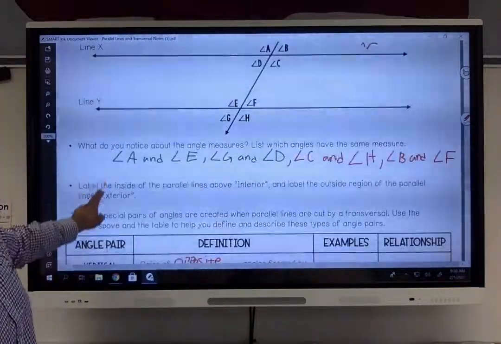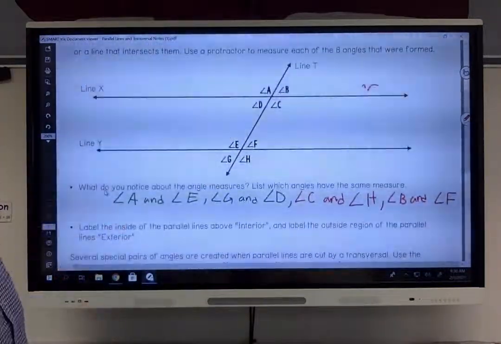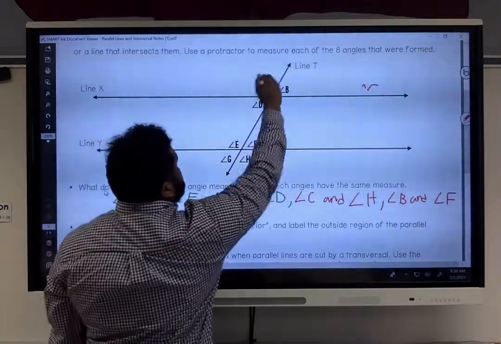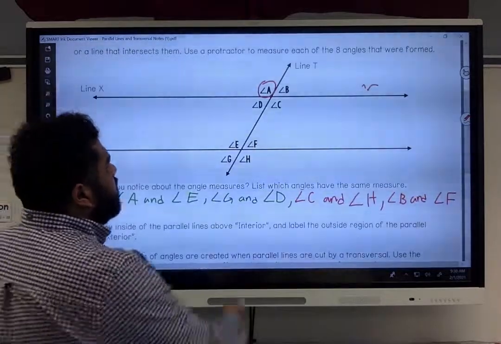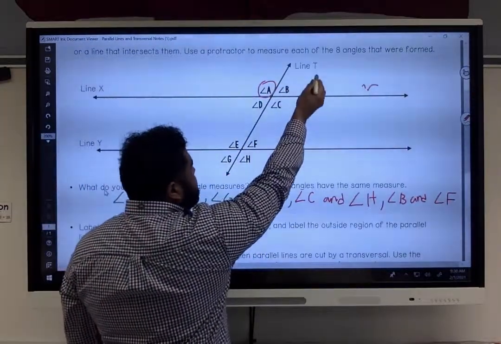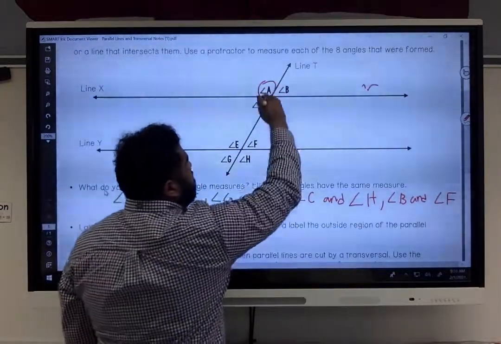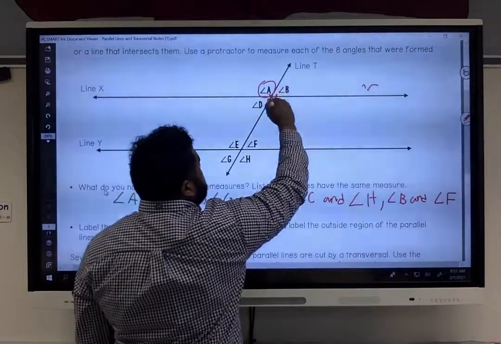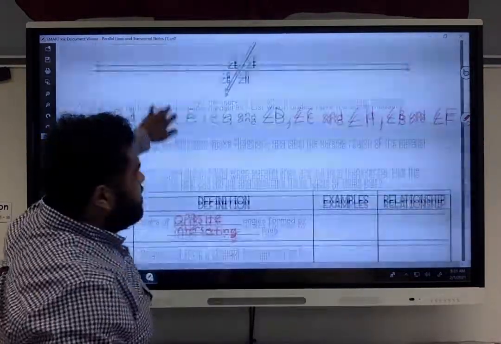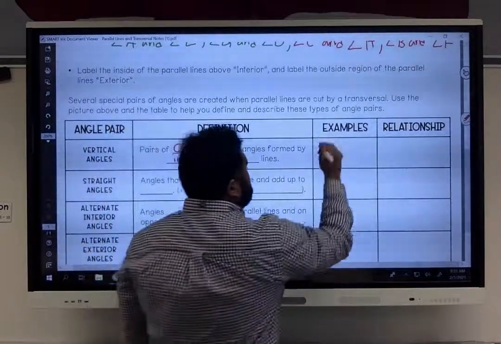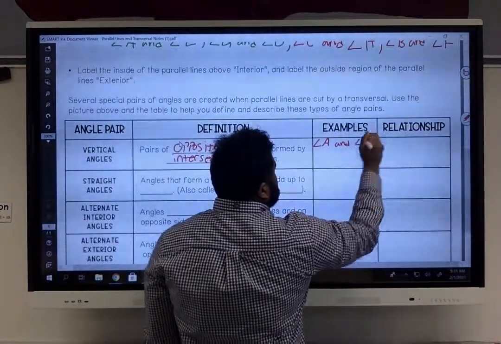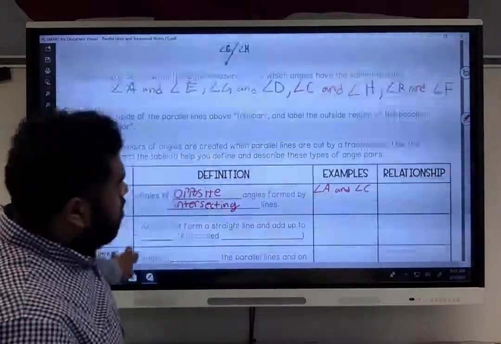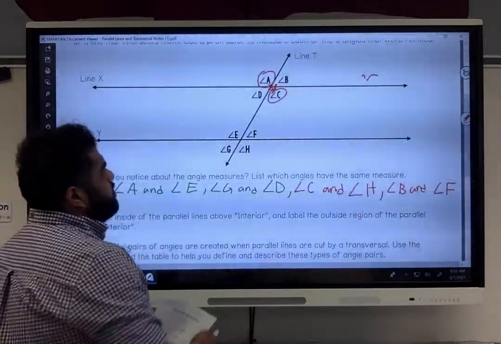Let's start with angle A. What's opposite from angle A? Angle B is on its side and angle D is below it, so the only one opposite from it would be angle C. So angle A and C. Now let's do down here on the other side.